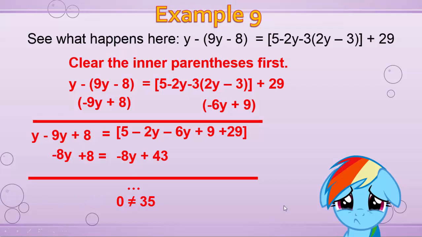And we decided that what this means is that there is no solution to this particular equation, because it is not true that 0 is 35. So we know 0 is not equal to 35, and that means there is no solution.